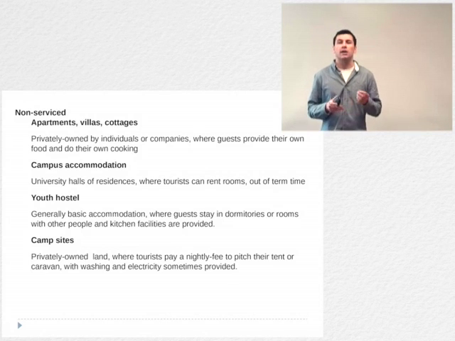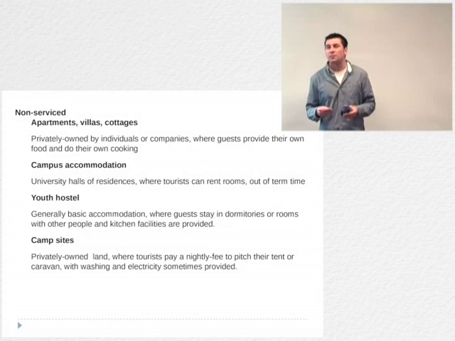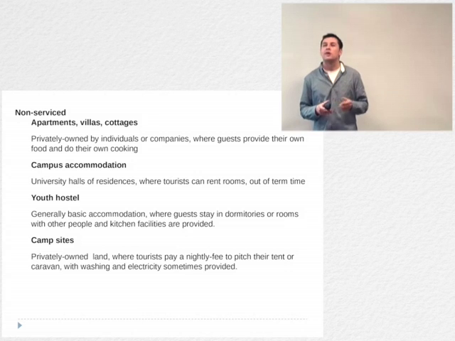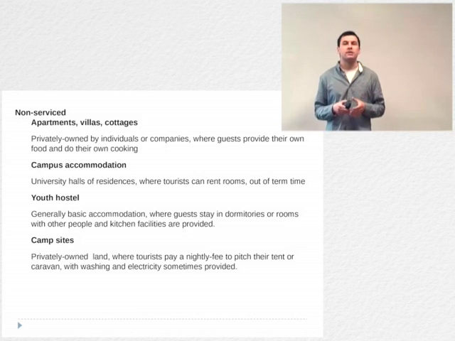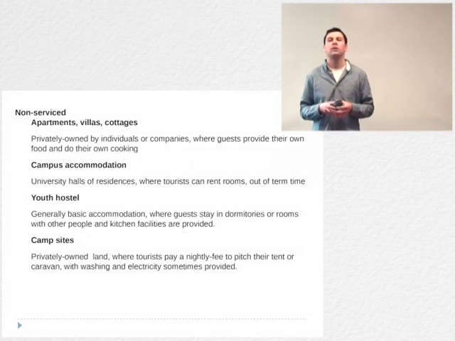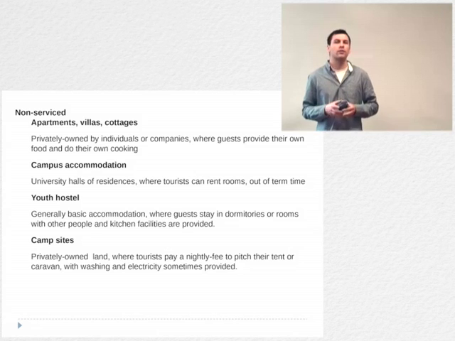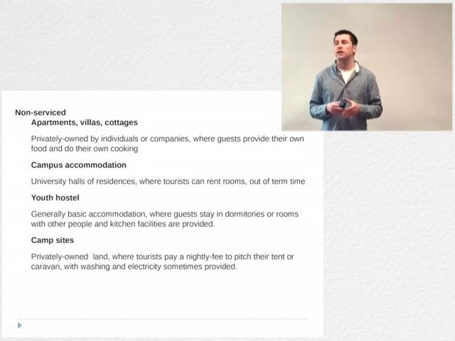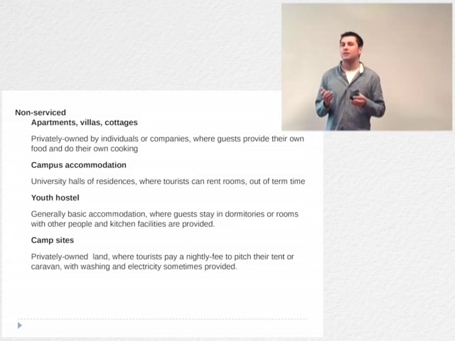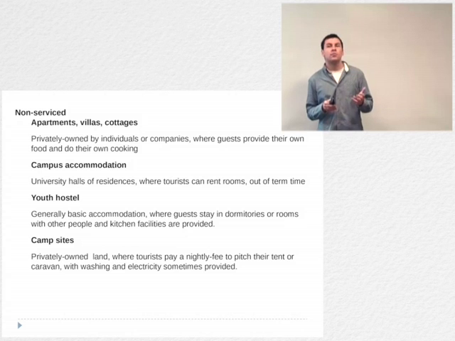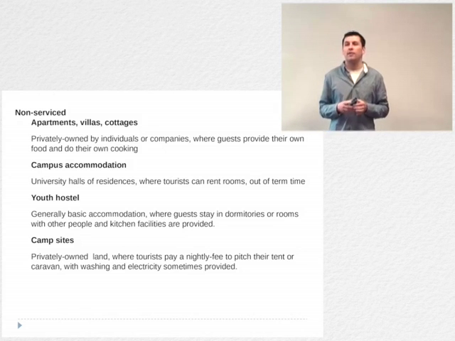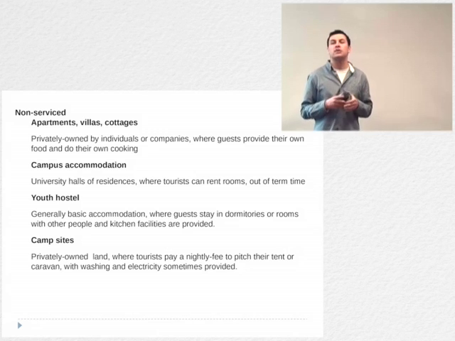A youth hostel is generally basic accommodation where guests stay in dormitories or rooms with other people and kitchen facilities are provided. Campsites are privately owned land where tourists pay a nightly fee to pitch their tent or caravan, with washing and electricity sometimes provided on the site.